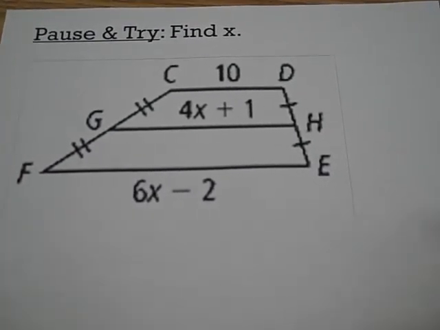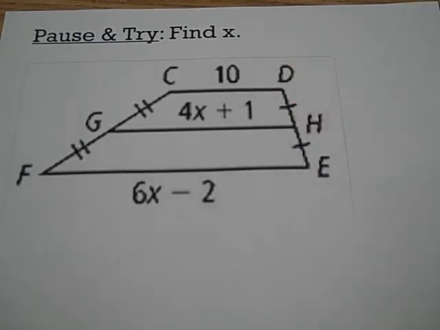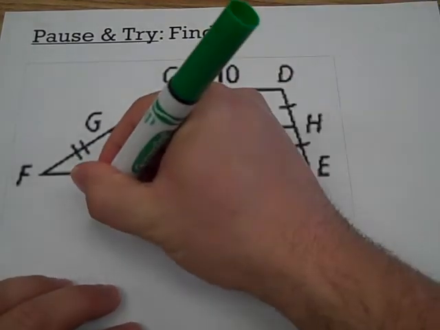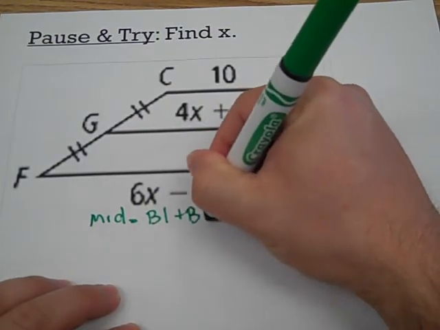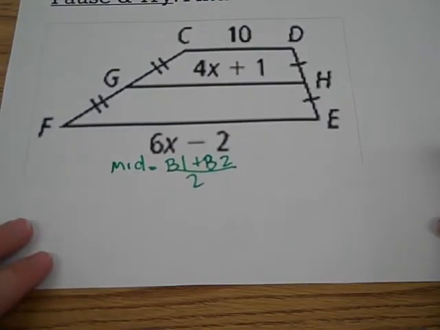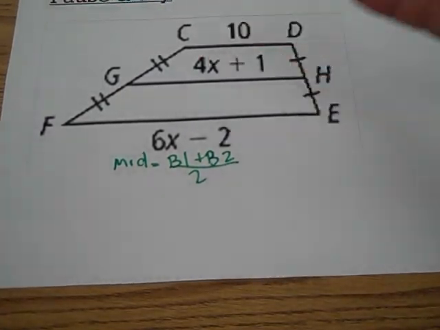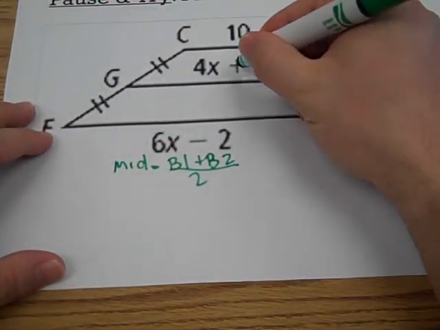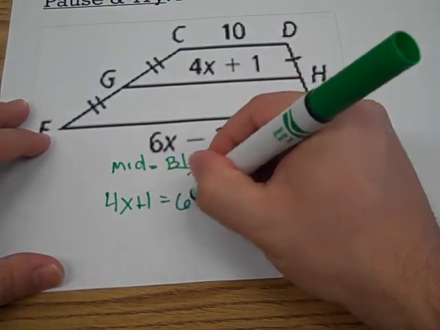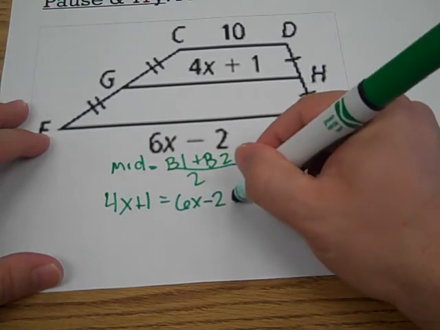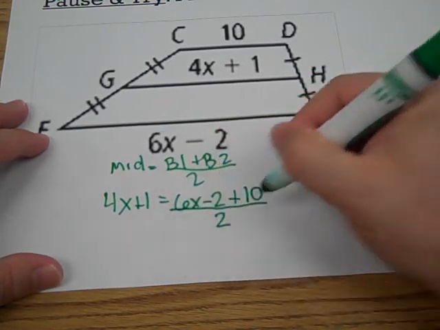So please pause here, use the information you just got, find x, knowing that GH is a midsegment. So I always start with the formula. The midsegment is base 1 plus base 2 over 2. Doesn't matter which one's base 1, which one's base 2, but my midsegment matters. That's 4x plus 1. I'll make 6x minus 2 base 1 plus 10, which is base 2.